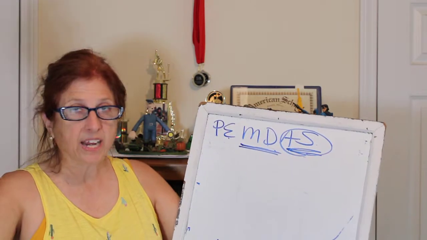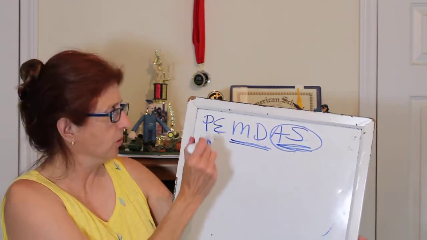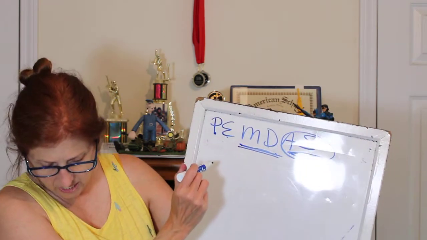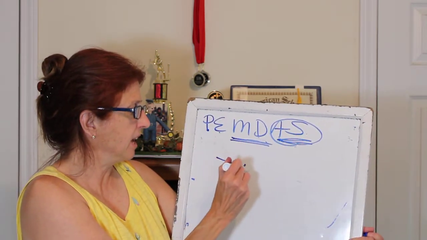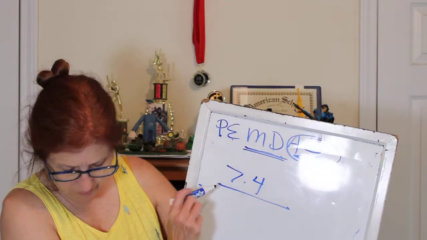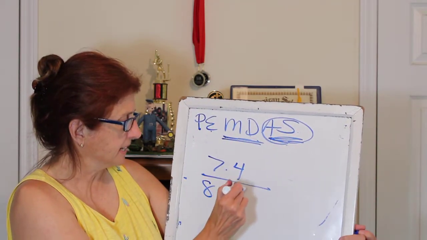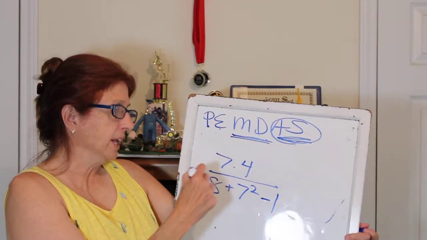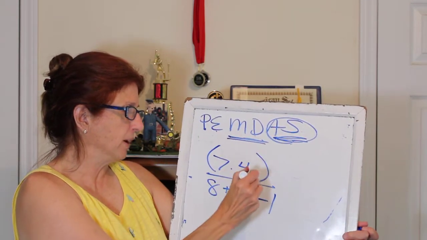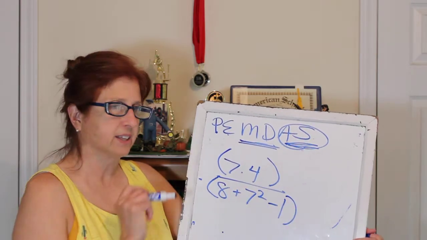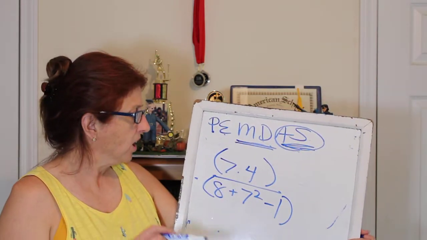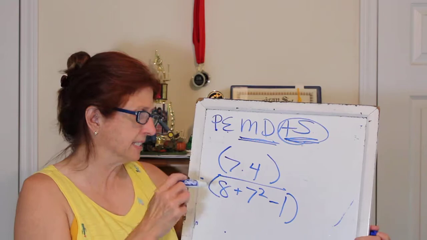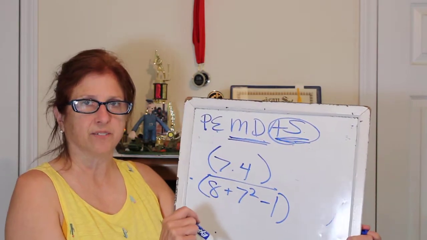Okay, so a fraction bar is a grouping symbol. You do it with the parentheses. So here's the example. 7 times 4 divided by 8 plus 7 squared minus 1. Now, when you put this in your calculator, put whatever's in the numerator and whatever's in the denominator in parentheses. Your calculator has a hard time deciding exactly what's getting divided here.